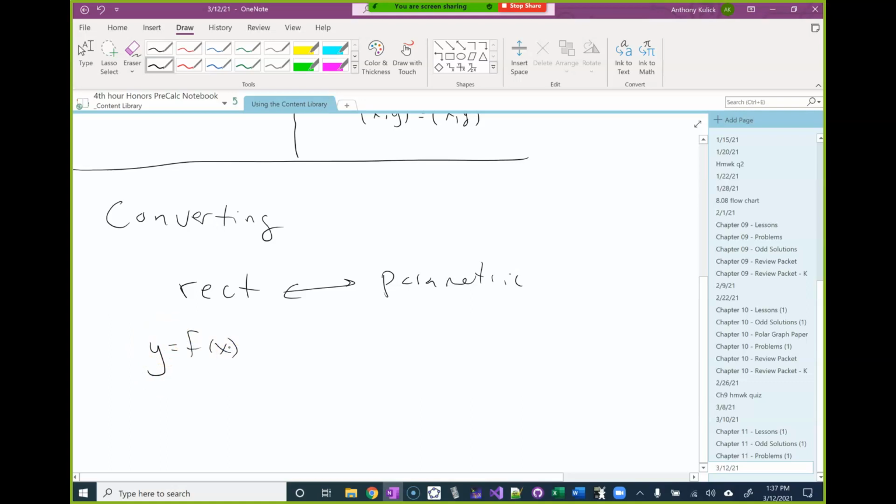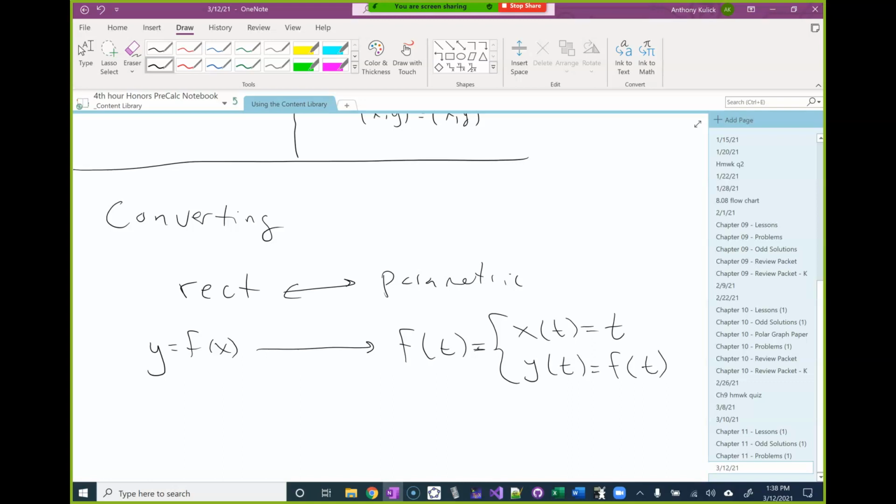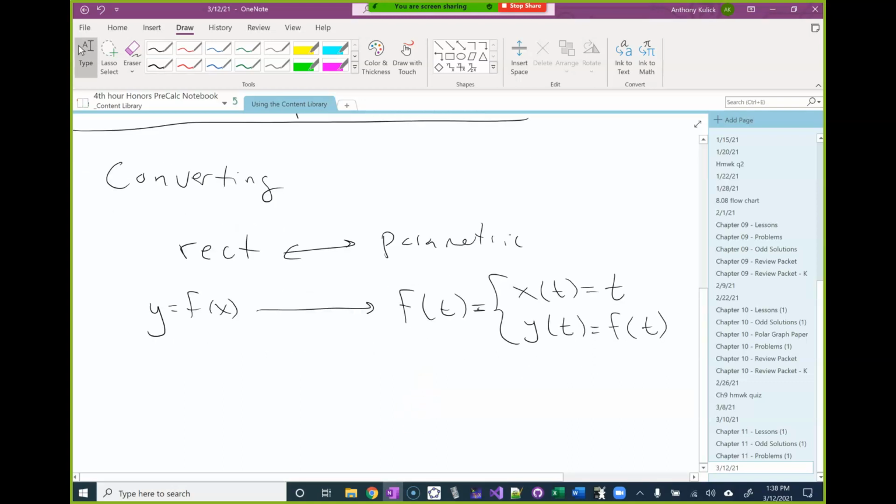So let's say we have some rectangular function that's of the form y equals f of x. To convert this into a parametric, it's really, really easy. We'll just take the function x and write that as t, and then our function for y will just be f of t. So it's almost trivial to convert these from rectangular to parametric.